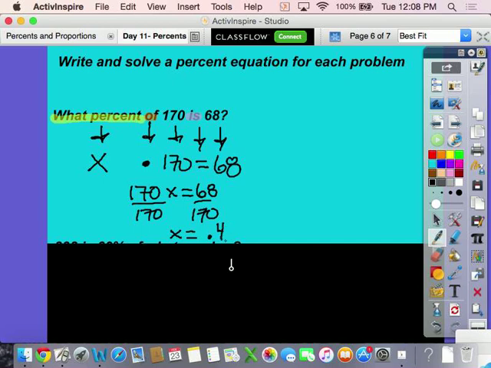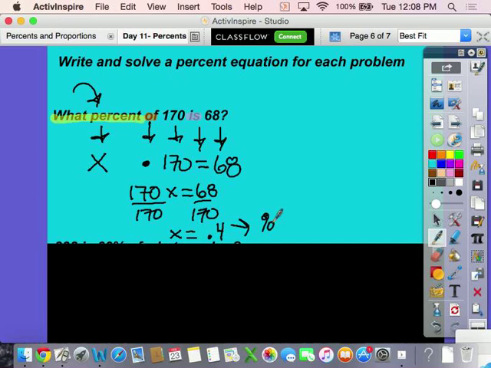We're not quite done. Let's look back to the question. The question is asking us what percent? Well, let's think about what we did at the very beginning of today's lesson. We changed decimals and fractions into percent. Since I'm asked for what percent, I now need to change this into a percent.